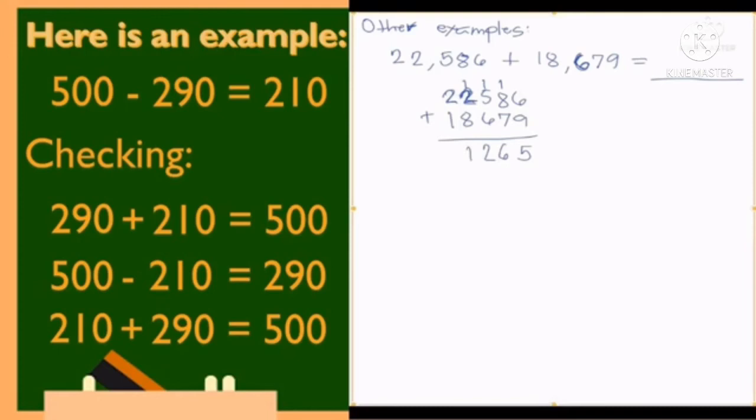Very good. So 1 on the lower part and 1 on the upper part of the next place value. 1 plus 2? 3. 3 plus 1? 4. So we have the sum, which is 41,265.